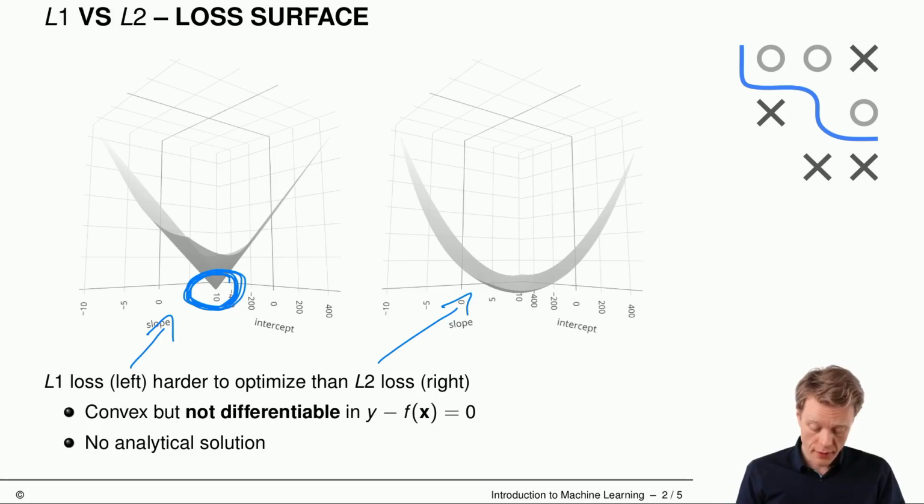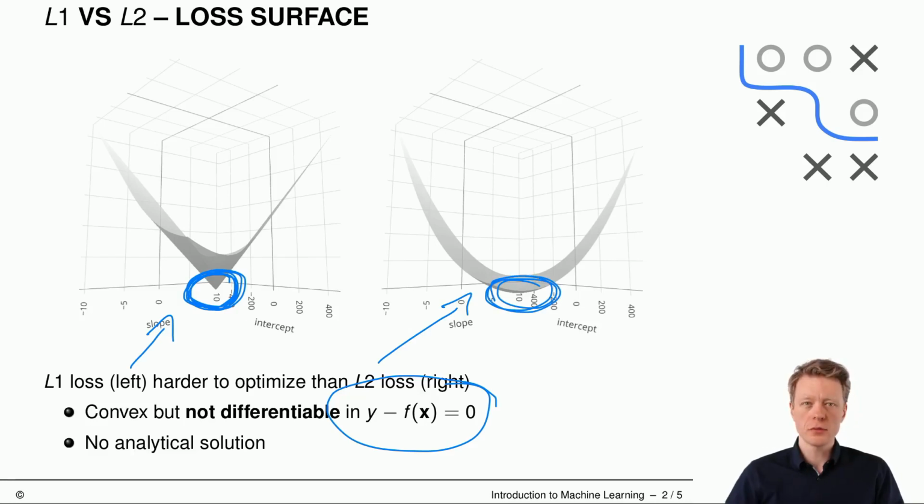So when the residual is 0, then the L1 loss is not differentiable in that point. So we have no analytical solution for the problem of empirical risk minimization, compared to the L2 loss, where, of course, here this is also differentiable, and of course the gradient is 0. We can have an analytical solution, but we have no analytical solution for L1 loss.